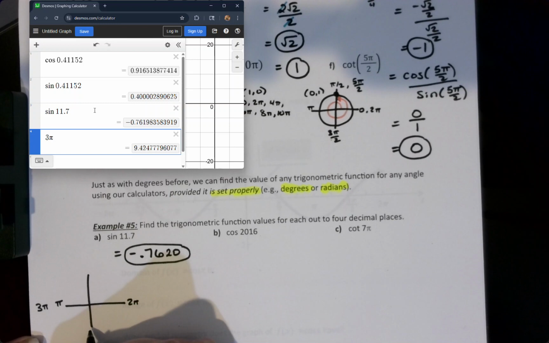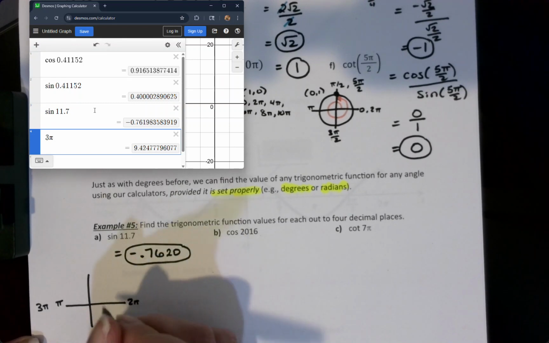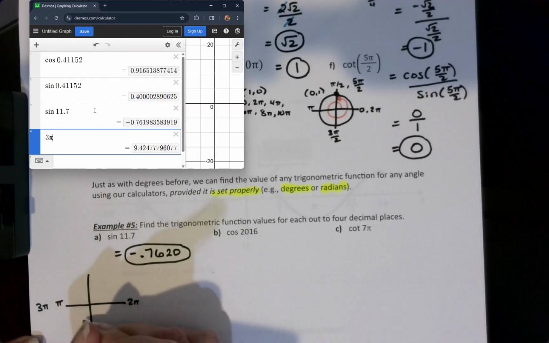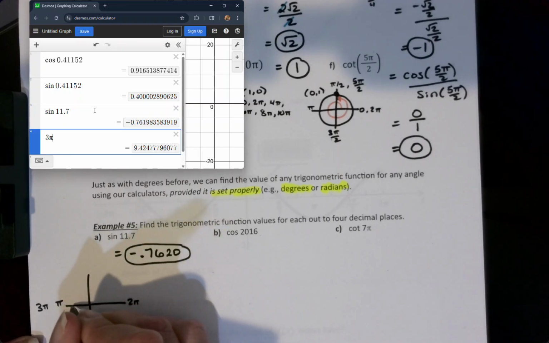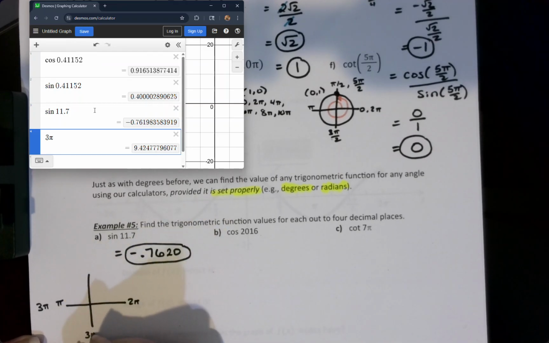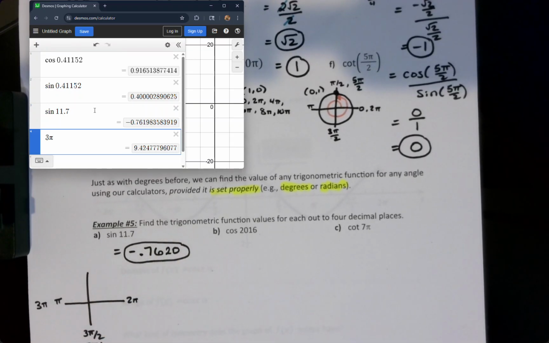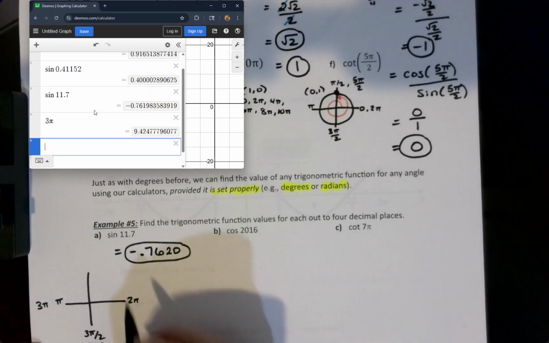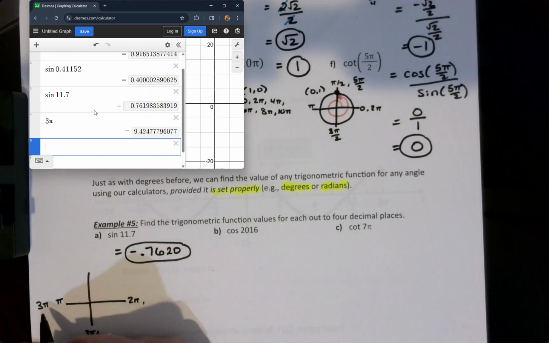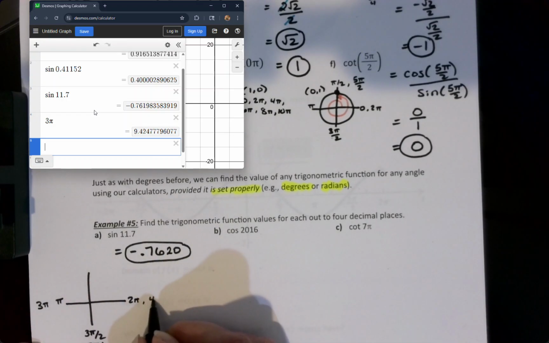This is pi, 3 pi over 2. So let's see. 1, 2, 3, 4, 5, 6, 7. So this is 3 pi over 2 or 7 pi over 2.